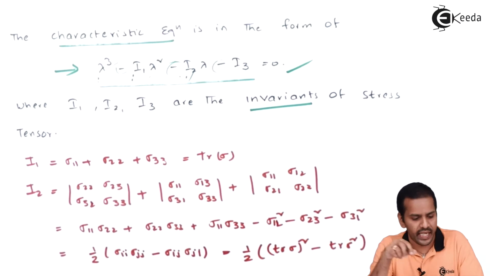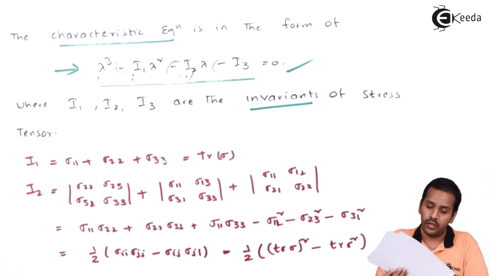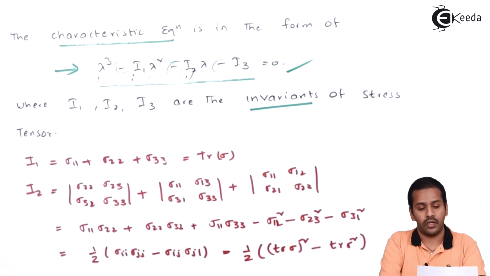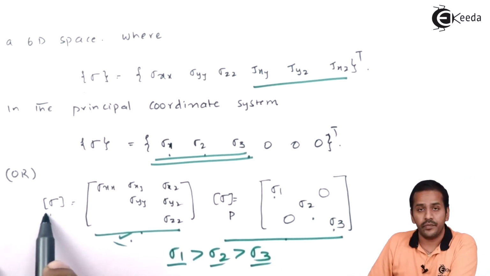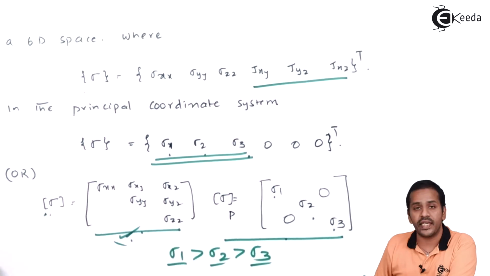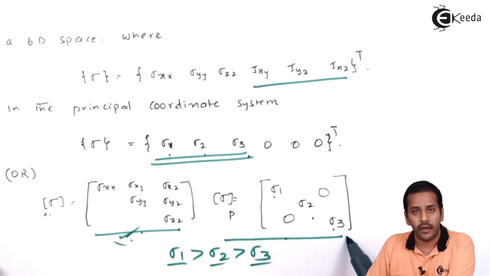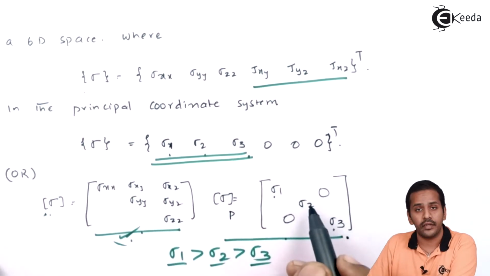If you want me to explain more, here is a stress tensor which is in some coordinate system xyz. Here is a stress tensor in the principal coordinate system. But both the stress tensors are the same. The components are different.